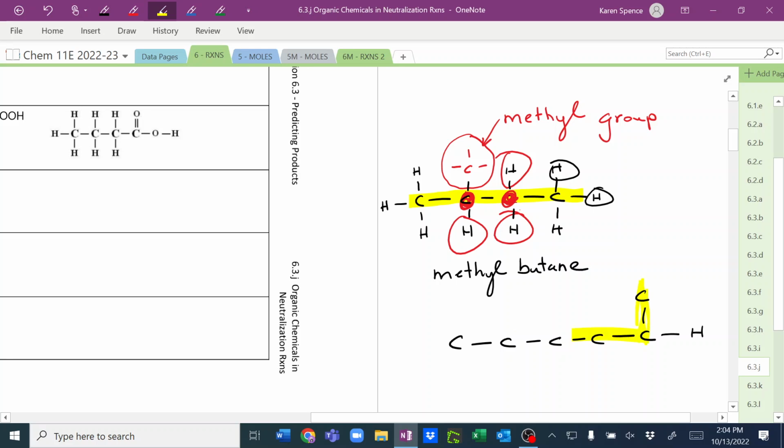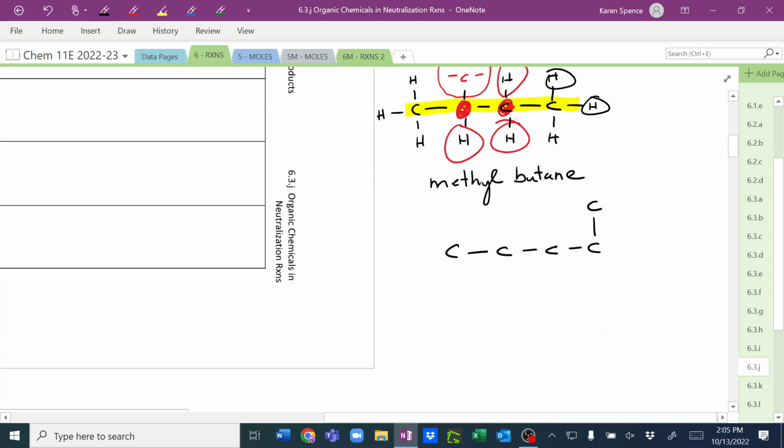Our longest chain, sorry, I would have butane, and then if I put it up here, that's still pentane. And it doesn't matter because, quite frankly, the structures are not actually linear like that. The carbons actually zigzag. They go like this. You just say how many C's are connected to each other in a row, right?